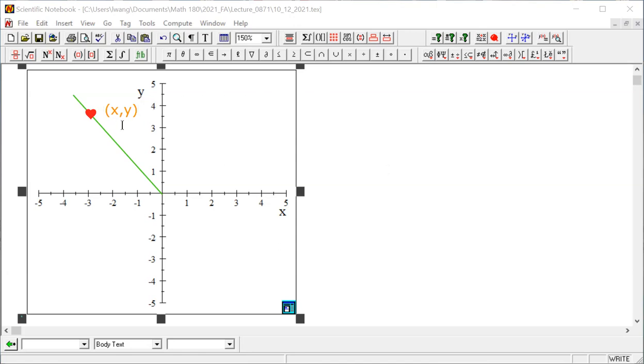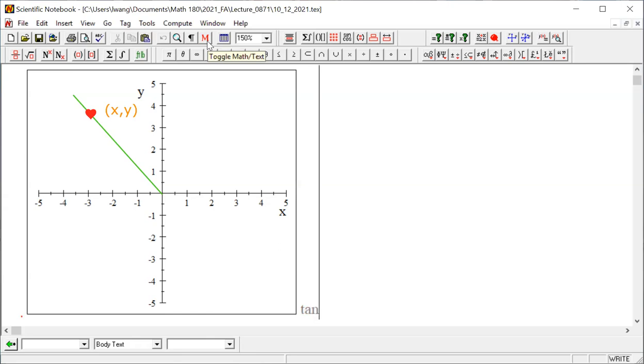So x comma y. How is tangent defined? Tangent at that angle is y over x. That is the key to the domain.